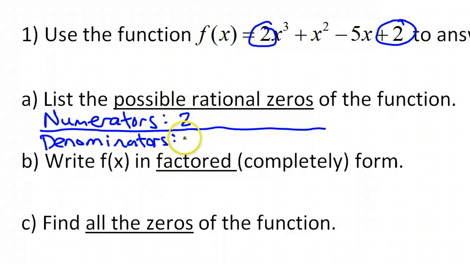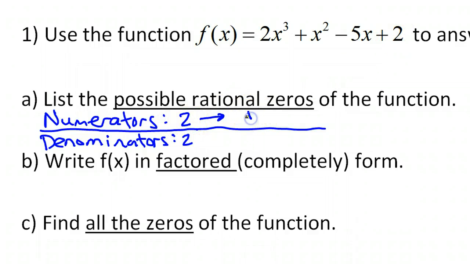Alright, so the denominators come from the leading coefficient. I'm not happy about this particular problem since both numbers are the same. It's kind of a lame problem. But anyway, the numerators have to be factors of the constant term.